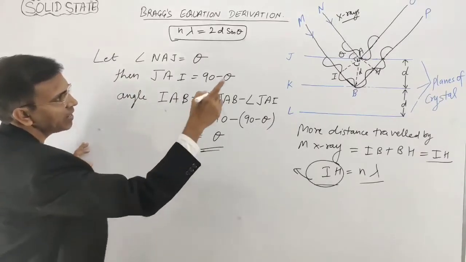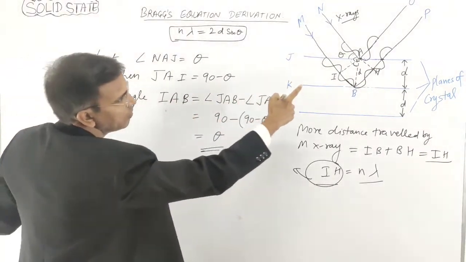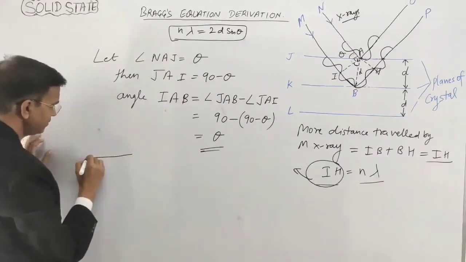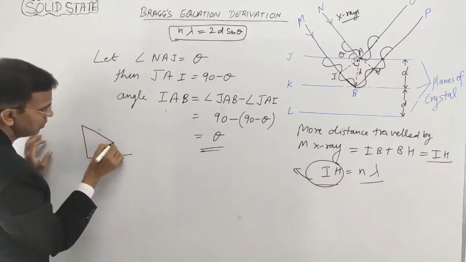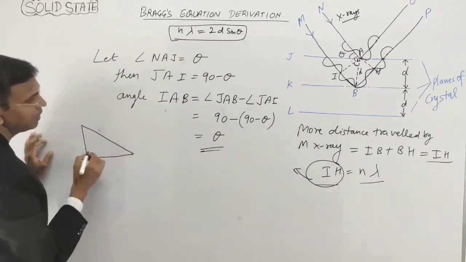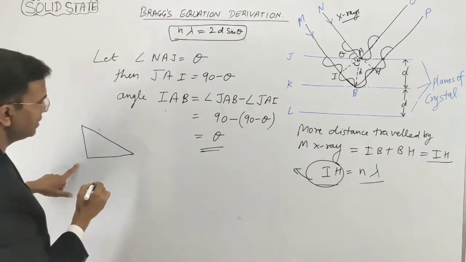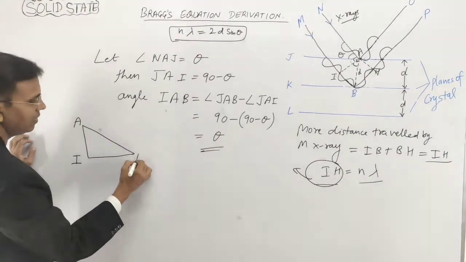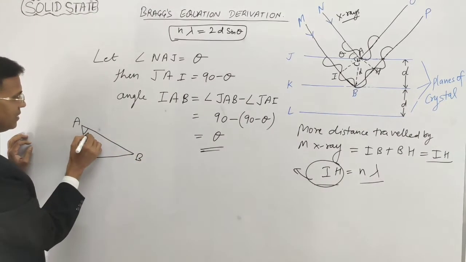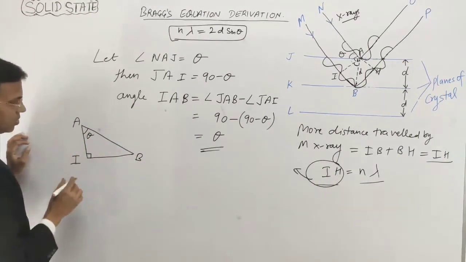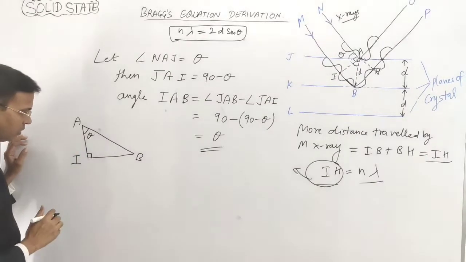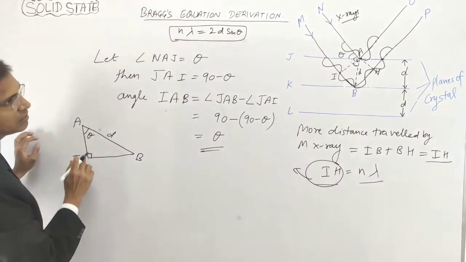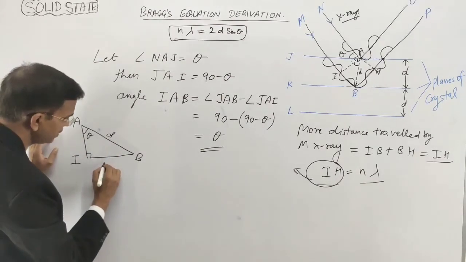So that means, if you are going to make the triangle IAB, suppose this is the triangle, right, and here is the 90 degree, that is at I, and here is the A and here is the B, and this is the angle theta, and this is 90. So in this triangle, AB is d, we have to measure this IB.